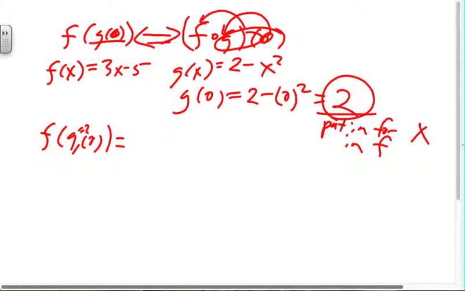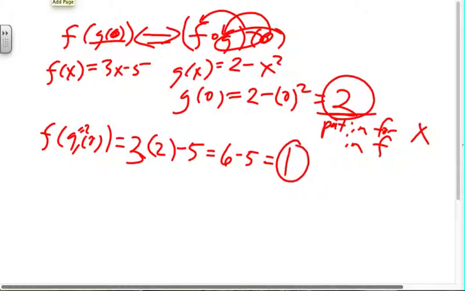So I'm going to come into my f, and I'm going to put 3 times 2, which is my g of 0, minus 5, which equals 6 minus 5, which is 1. So that's what that one is. Okay, and you see the trick of composition is always start at the back and work your way forward.